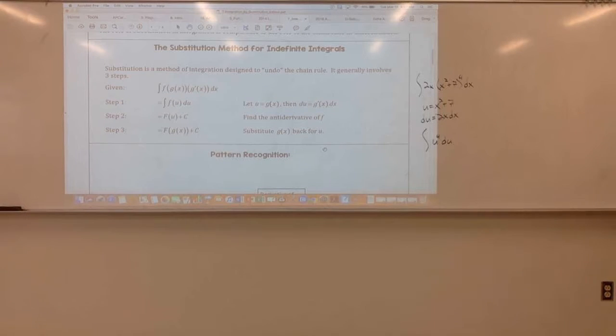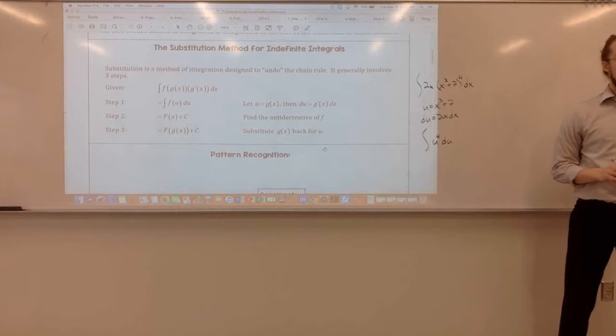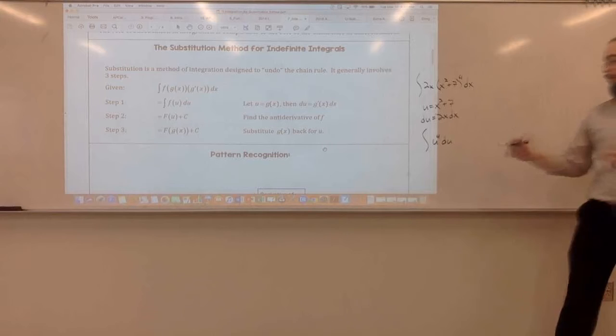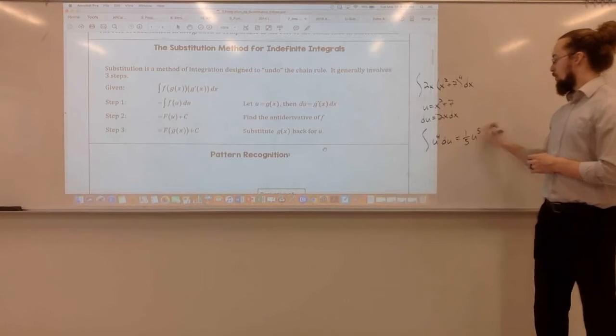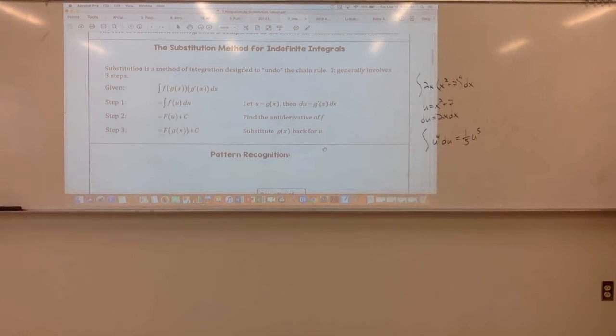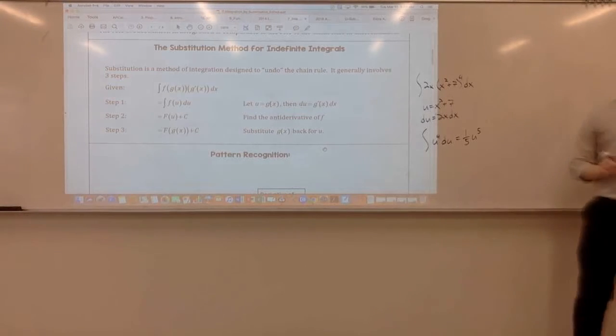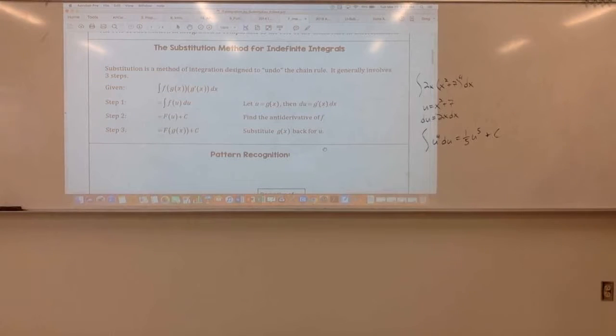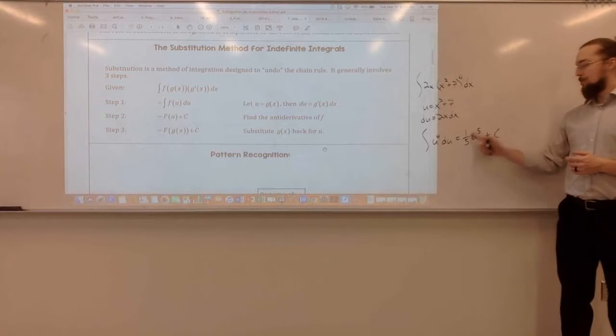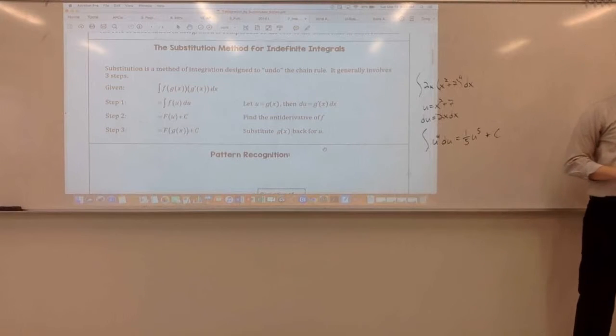Now, we can take the antiderivative of this pretty easily, just using power rule. So what would the antiderivative of u to the 4th be? Yeah, 1/5 u to the 5th. So 1/5 u to the 5th plus c. Always plus c when we're doing indefinite integration. And then the final step is to substitute u back in.